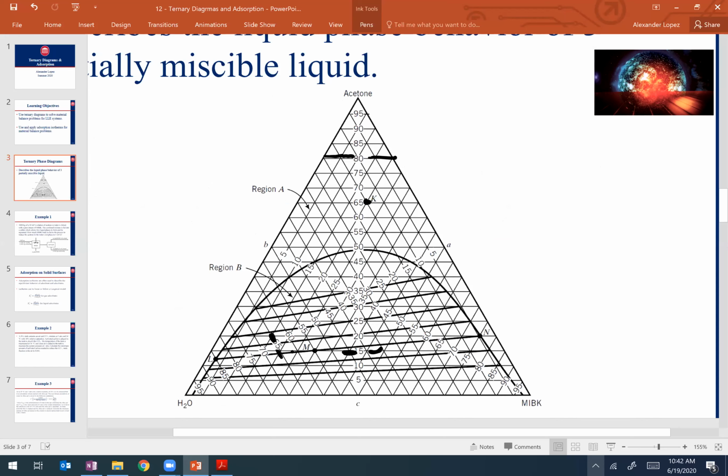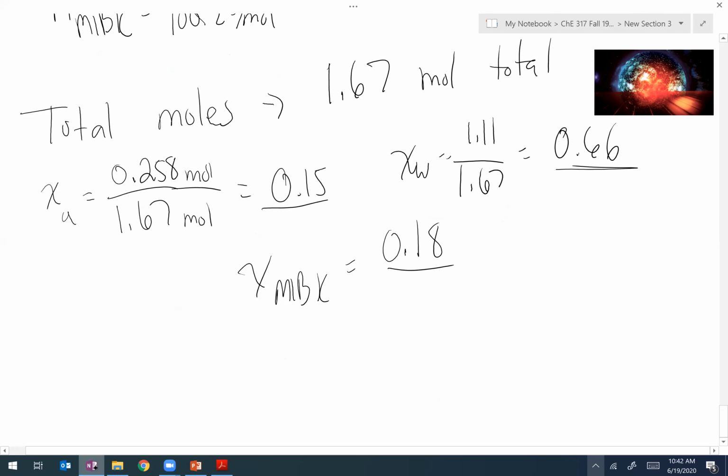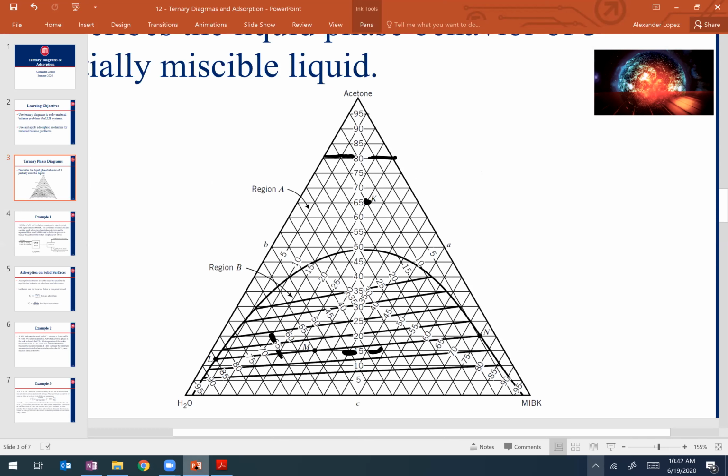And what did I have for MIBK? 18. Which should be about here. So this would be my mixing point.